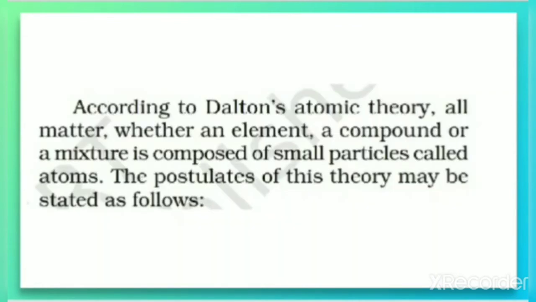According to Dalton's atomic theory, all matter, whether an element, a compound, or a mixture, is composed of small particles called atoms. The postulates of his theory may be stated as follows.